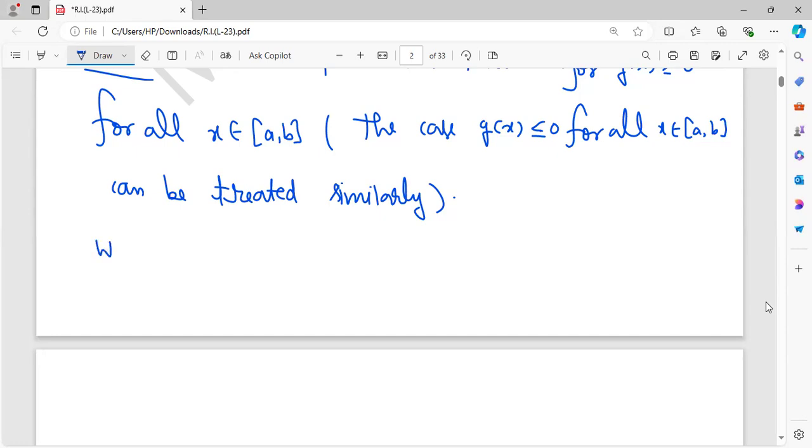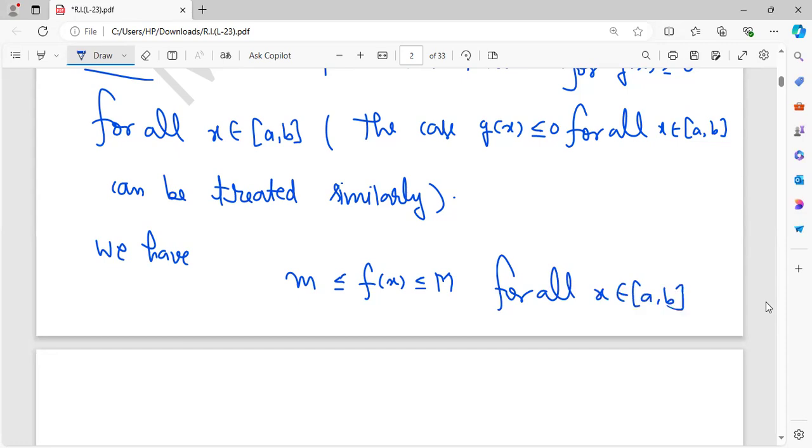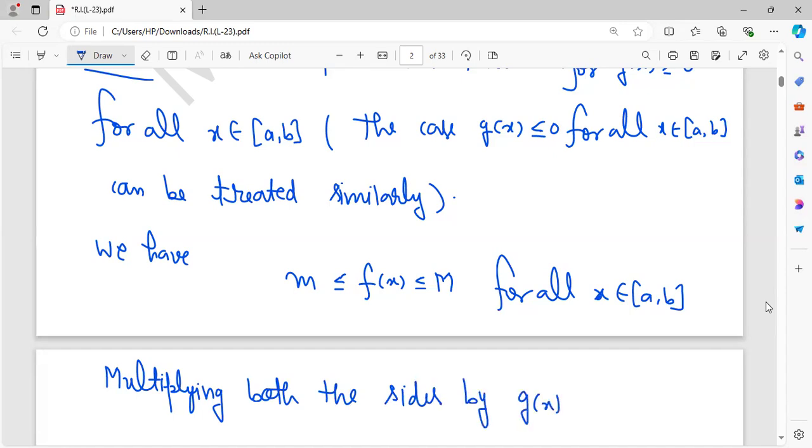So what we have: m, small m, is less than or equal to f(x) less than or equal to capital M for all x belonging to the closed interval [a,b]. Okay. So multiplying both sides by g(x).